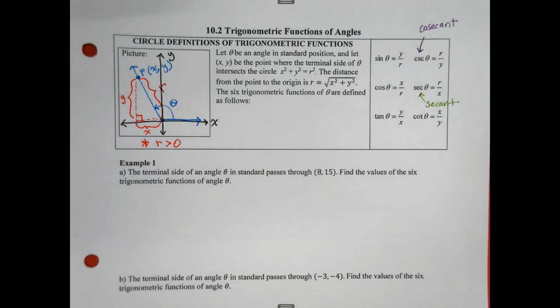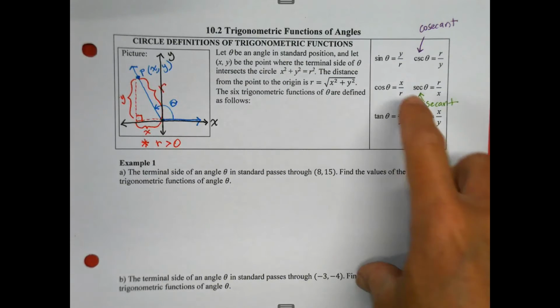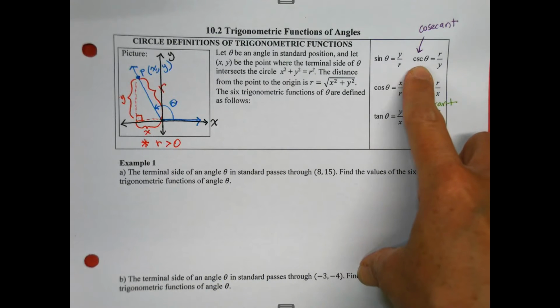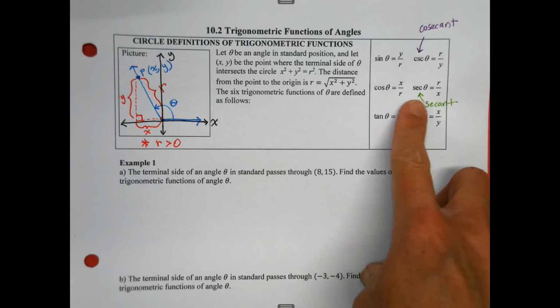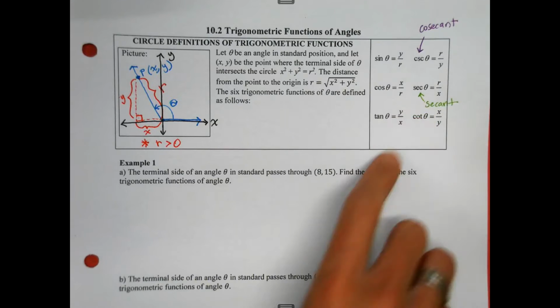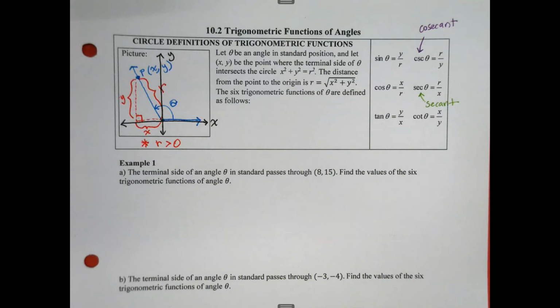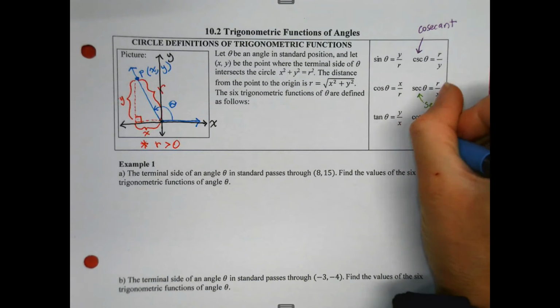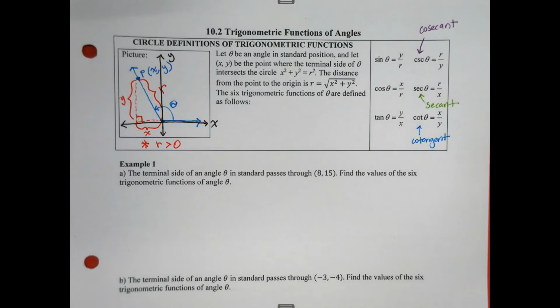And that is related to cosine. So remember, S and C are always going to be related. C never goes with C. Cosine and cosecant are not related. Cosine and secant are. And then the last one is cotangent. And tangent is y over x. Cotangent is x over y, or the reciprocal of tangent.